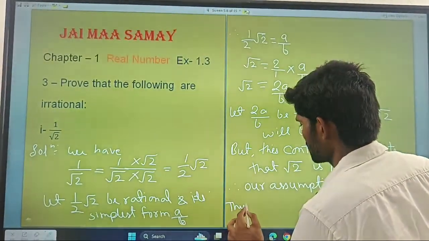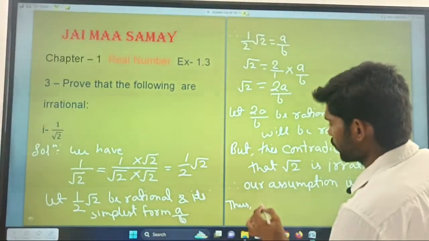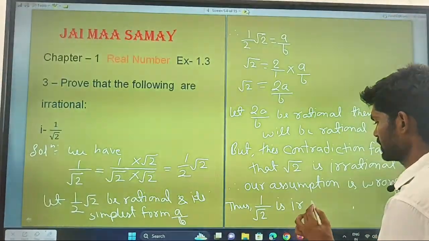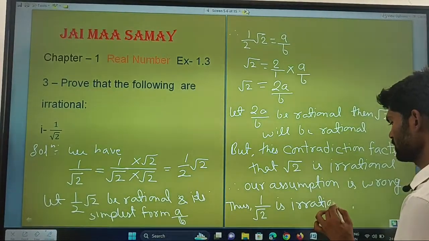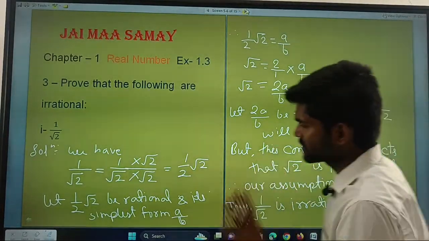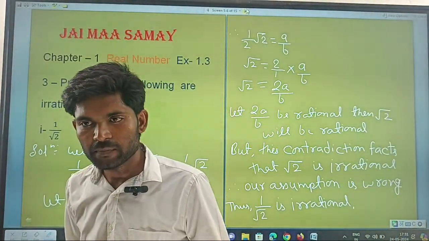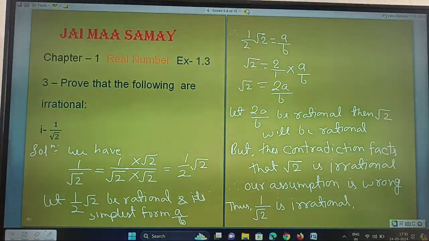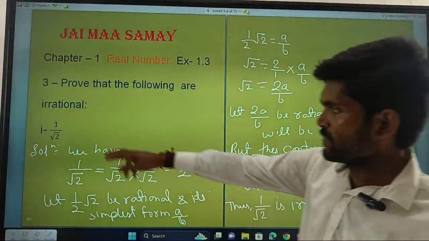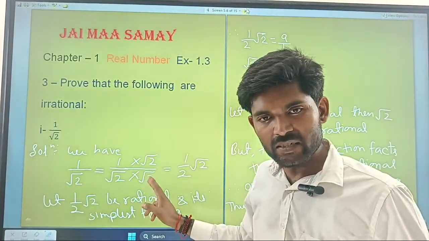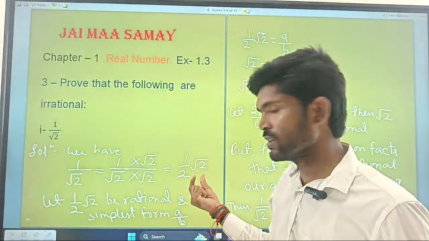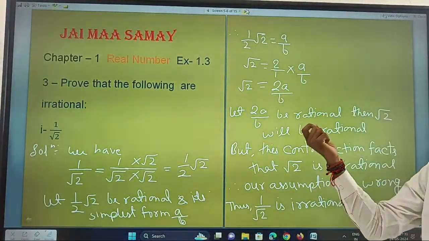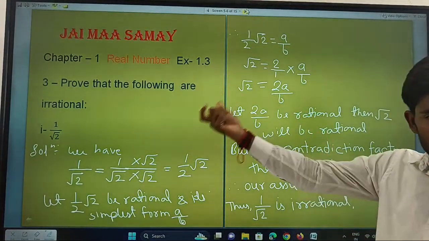Thus 1 upon root 2 is irrational. Same statement as in the second question now. One more time repeating: in the solution, rationalize, then suppose it is rational, then the simplest form a upon b, solve the equation. Suppose the right side is rational, then the left side is also rational.